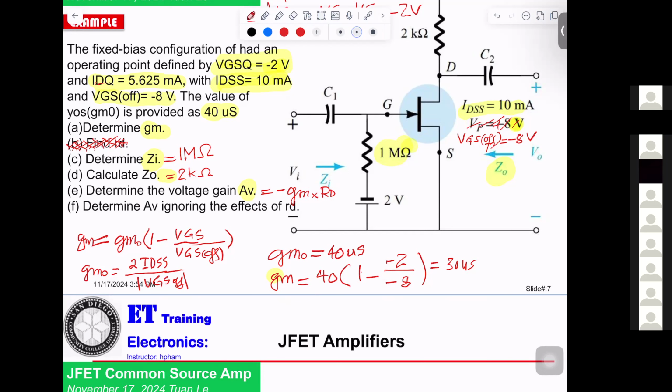Yep, that's why you can calculate that. Okay? And the last number, they want AV. Okay? Ignore RD. So basically, we just already calculated without RD.